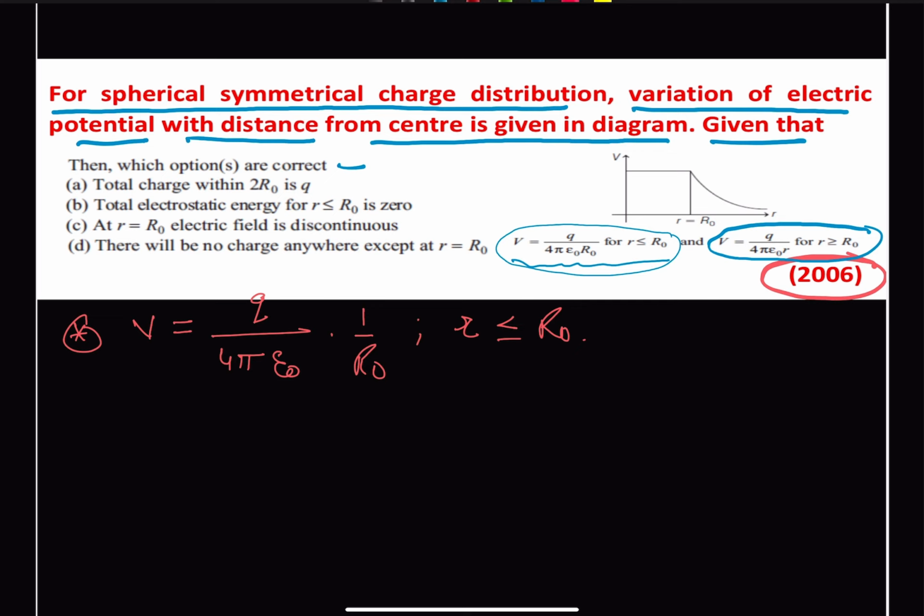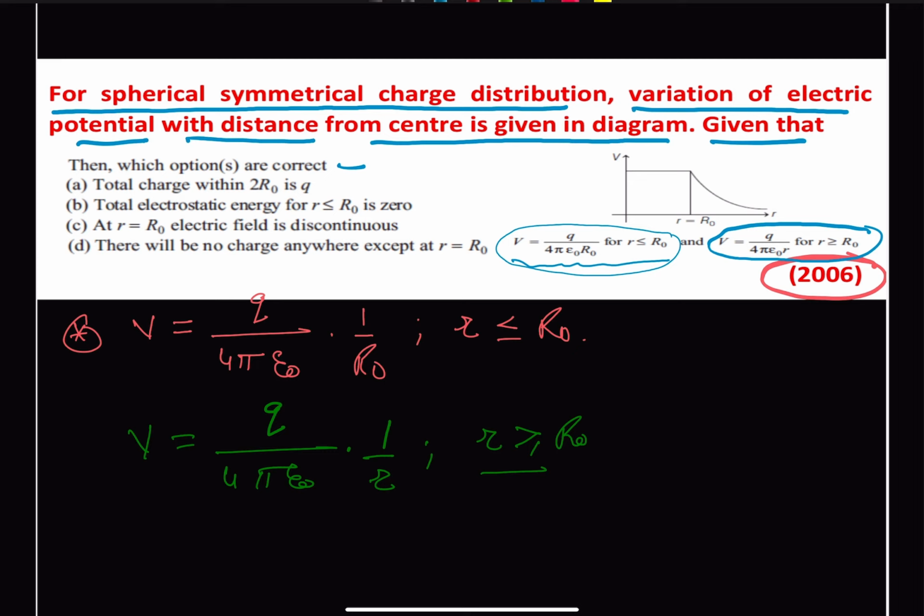And the second equation is V is equal to Q upon 4 pi epsilon naught and 1 upon small r, for the condition that small r is greater than or equal to R naught.